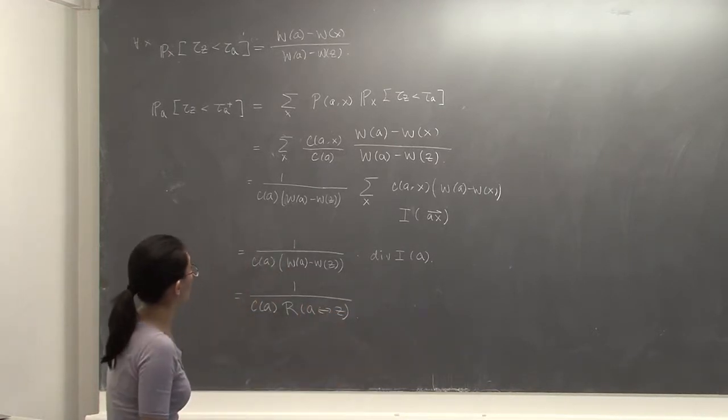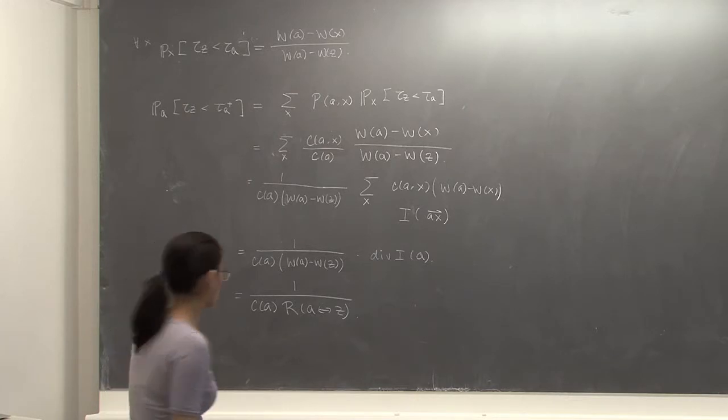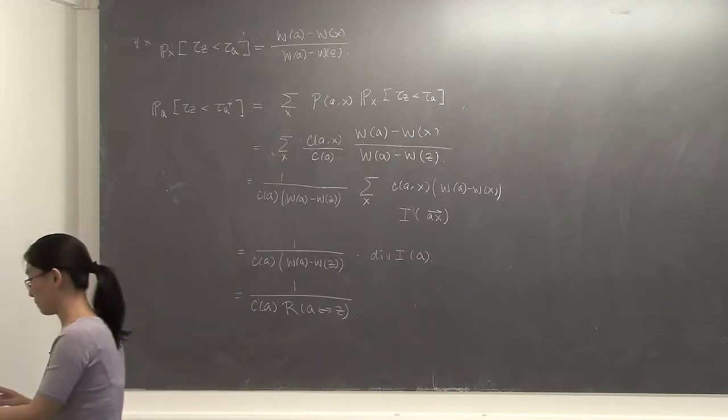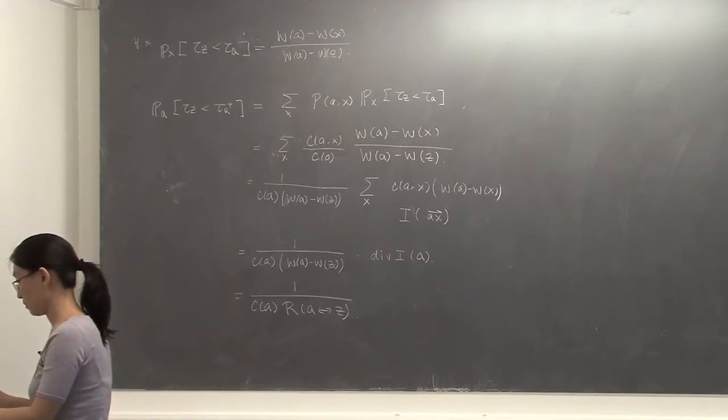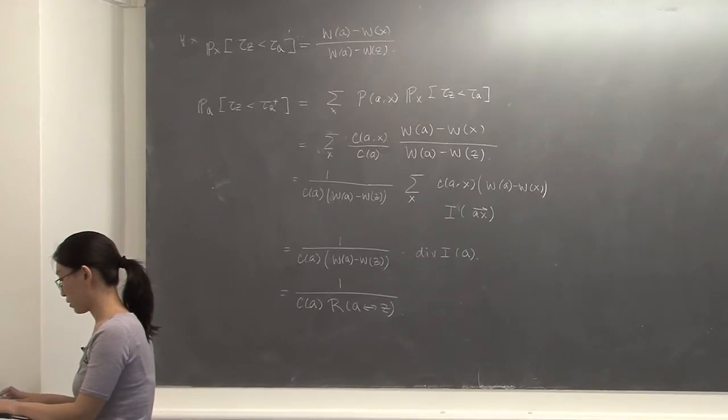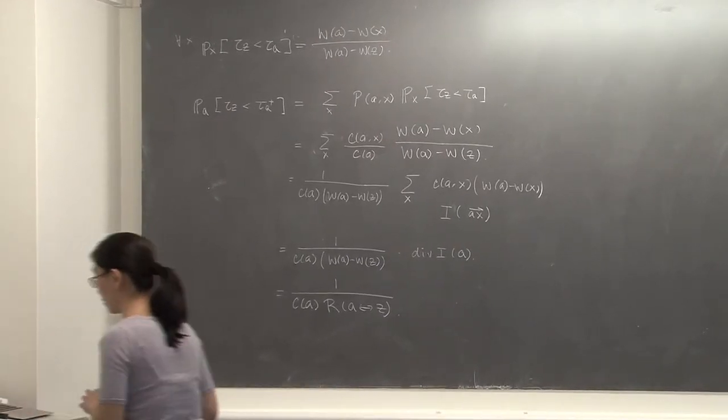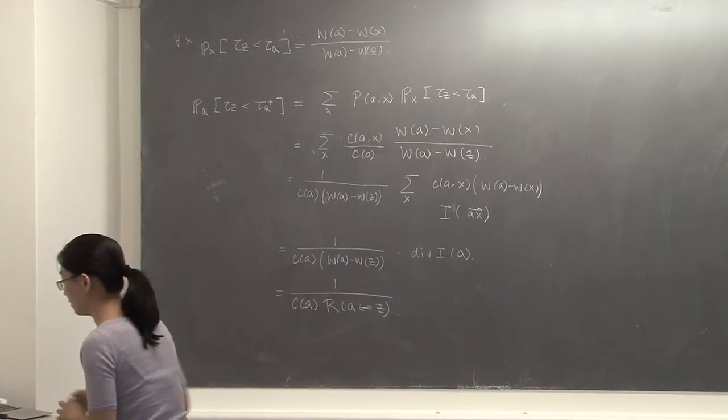Okay, so this proves the relation between effective resistance and escape probability. And next, we will see several applications of this relation.